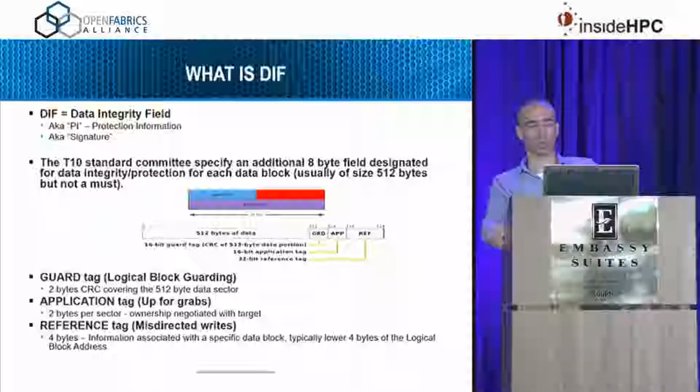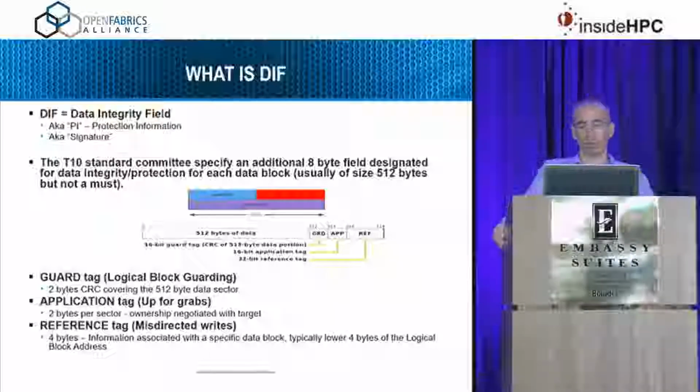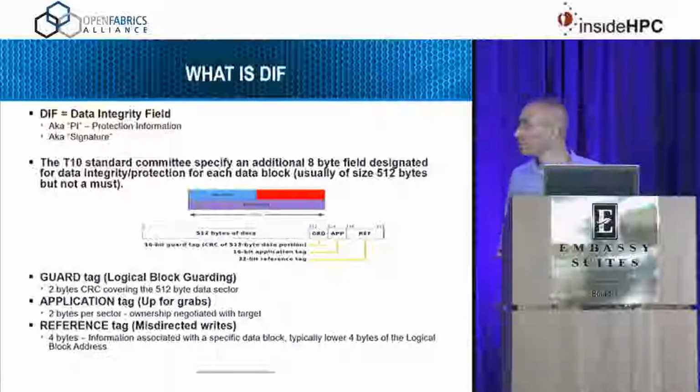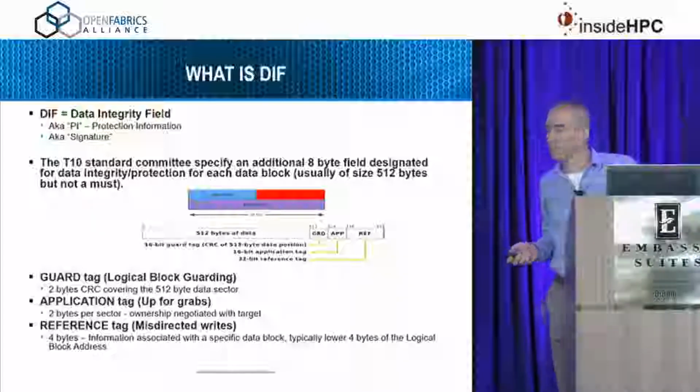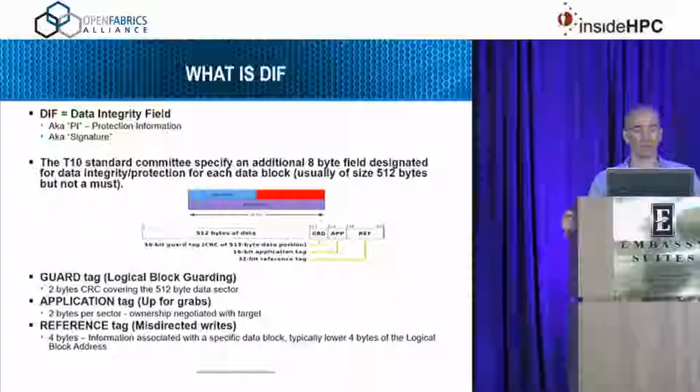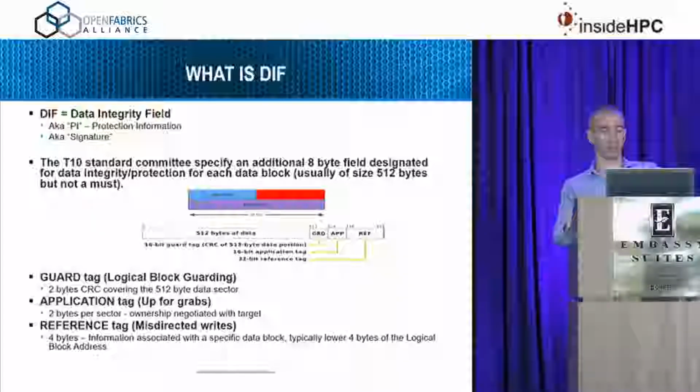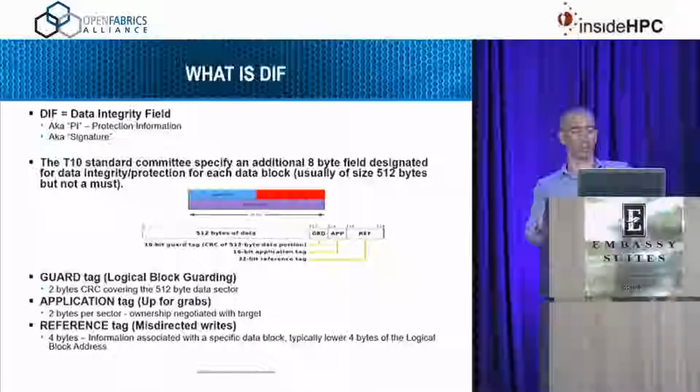So if we're using a 512-byte storage block, which is pretty common, we are adding 8 bytes and growing it to 520 bytes. These 8 bytes are built from, as described here, the guard block. The guard block is basically the CRC. This is well defined in the T10-DIF spec, how to calculate the CRC.